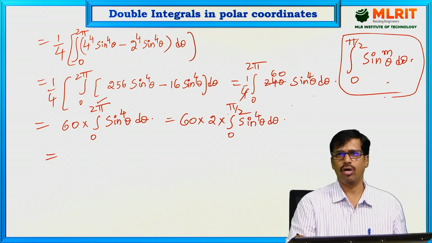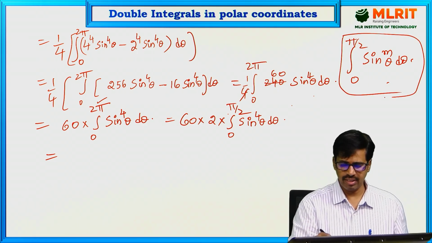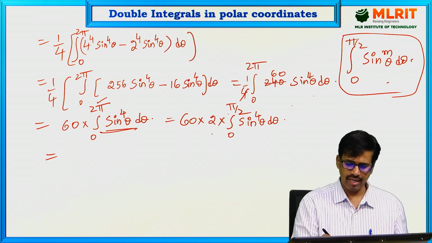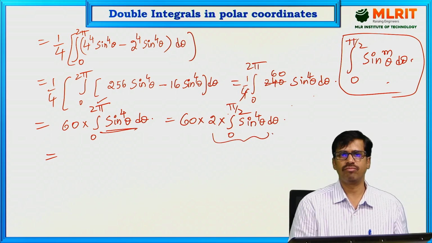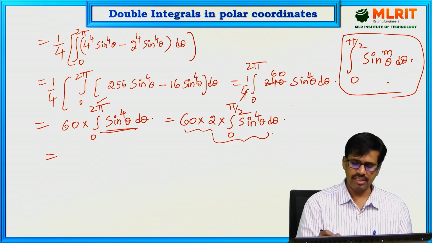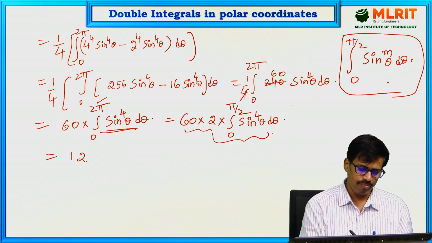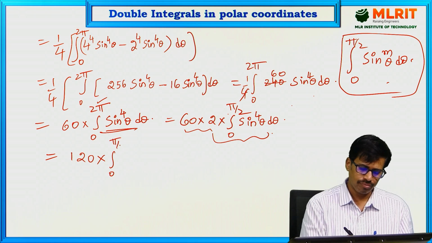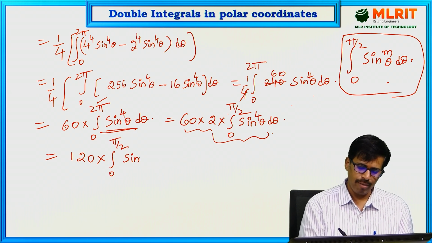We have separate formulas, so for that I am writing this integral as 2 times 0 to pi by 2 sin power 4 theta. So this is 60 into 2, this is 120 into the integral 0 to pi by 2 sin power 4 theta d theta.